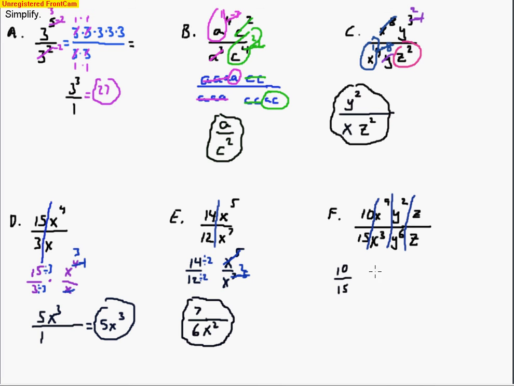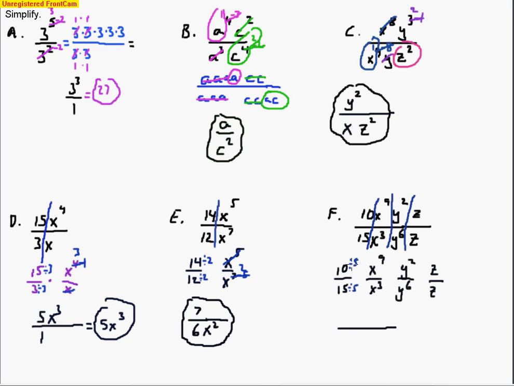So I got 10 over 15, and then x to the 9th over an x to the 3rd, and I have a y to the 2nd over a y to the 6th power, and then a z over a z. So we can go ahead and reduce this by taking out common factors. So here the common factor is 5. So once I reduce it, then I'm going to rewrite my answer in this new fraction that I wrote down below.